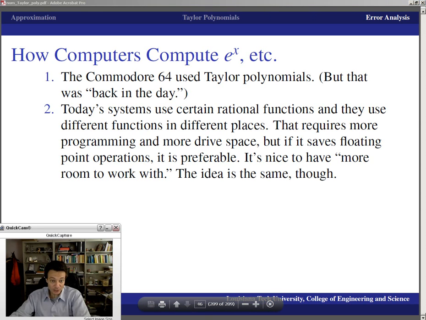In both cases, we are using functions that are easy, or at least easier to compute than these abstract functions, and we are approximating these abstract functions then with these easier functions. And so this now closes a huge circle, right? We started with approximation of functions that we really didn't quite know how they are computed.